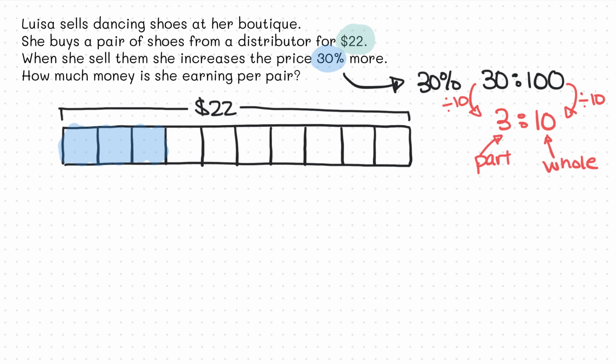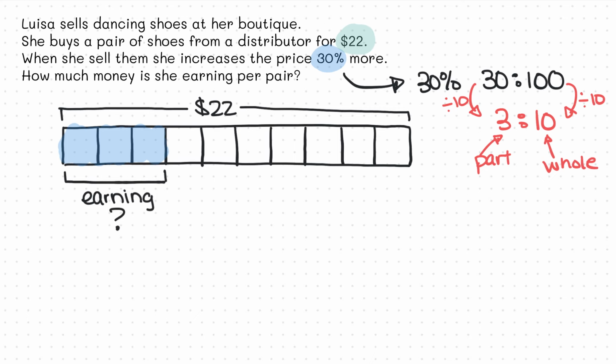So she wants to increase the price of the shoes that she has, and she wants to take 30%. So she wants to know what these 3 pieces are. So this is the amount that she's going to earn extra when she sells her shoes. So this is now her earning. And this is now going to be what we don't know, so we can use a question mark.